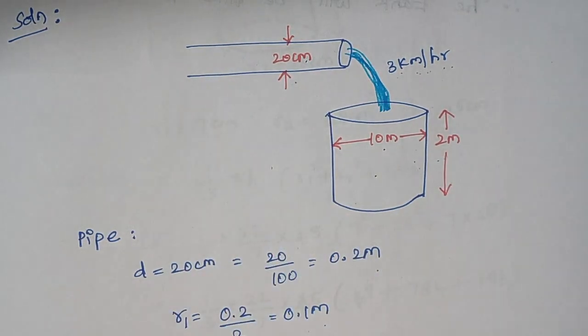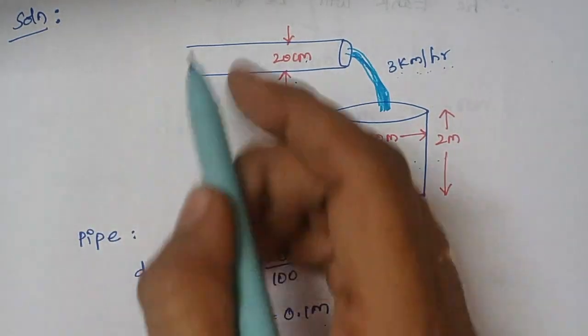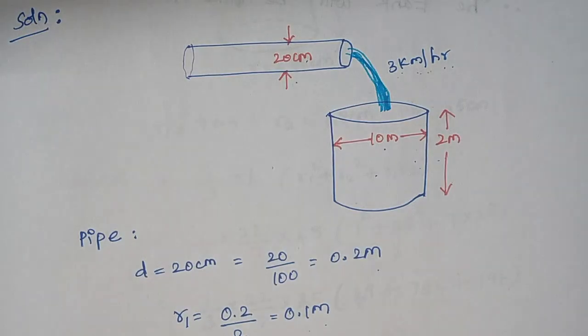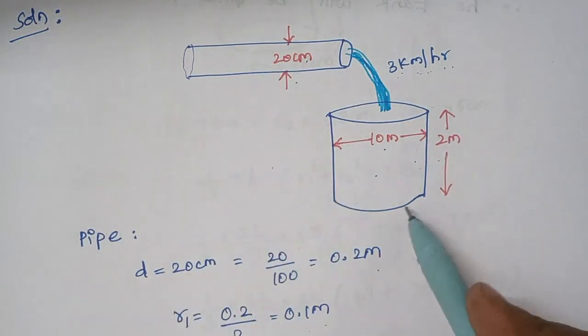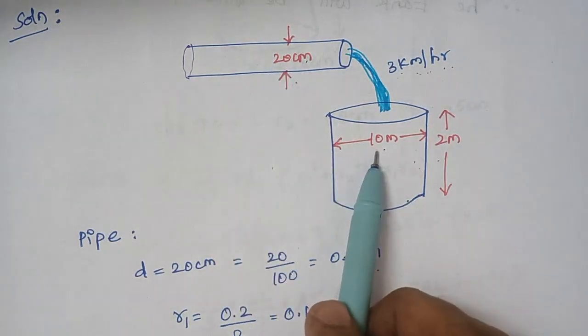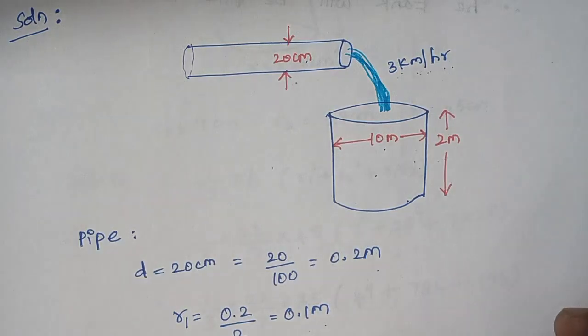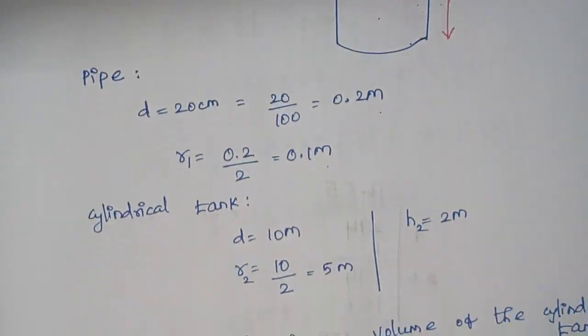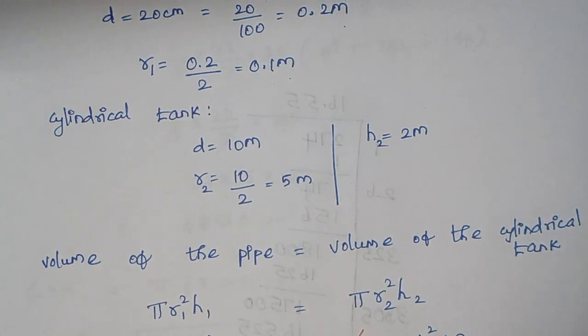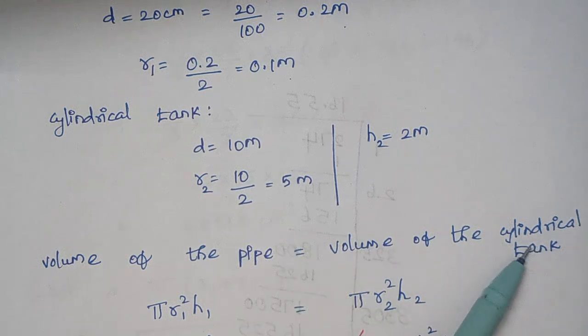Again, when you look carefully, this pipe is also a cylinder, right? So now we are going to equate the volume of the pipe to the volume of the cylindrical tank. And both are cylinders. Always keep this in mind. So volume of the pipe is equal to volume of the cylindrical tank because the water flowing through this pipe fills this cylindrical tank.